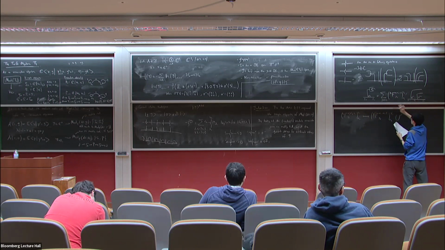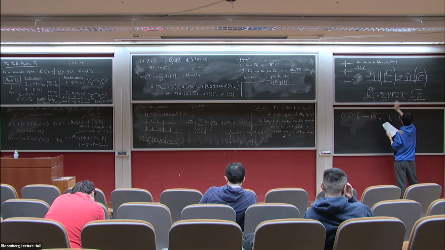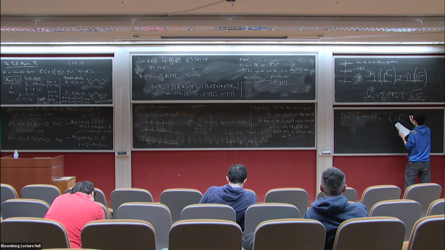You can act on these junctions, and these degrees of freedom allow you to modify this F symbol by U(1) factors. So all these U's are elements of U(1).